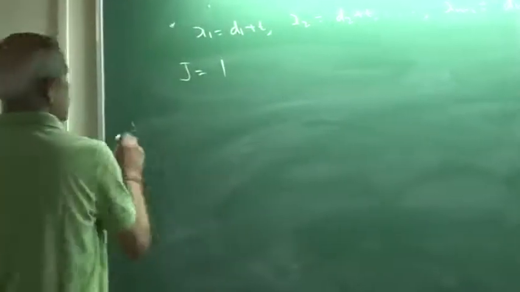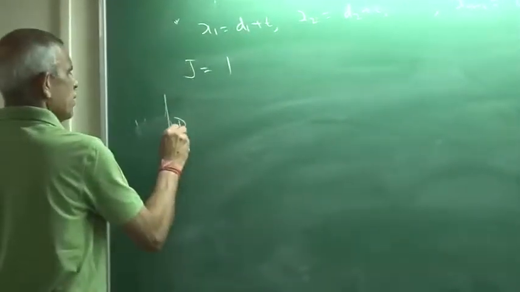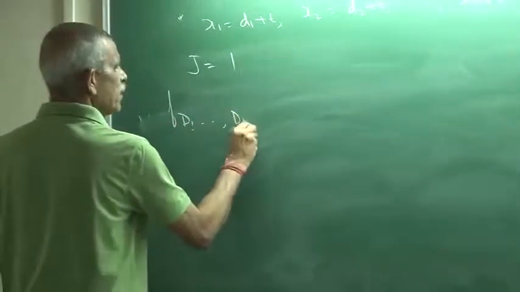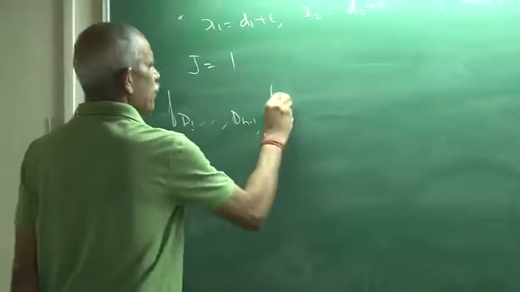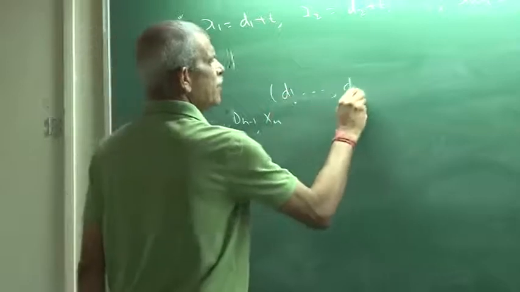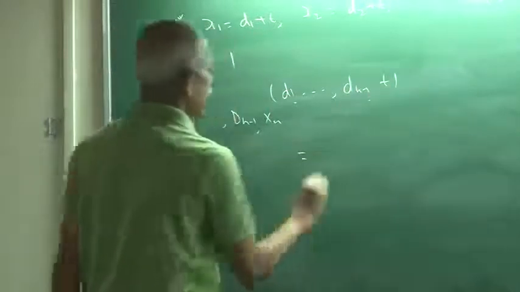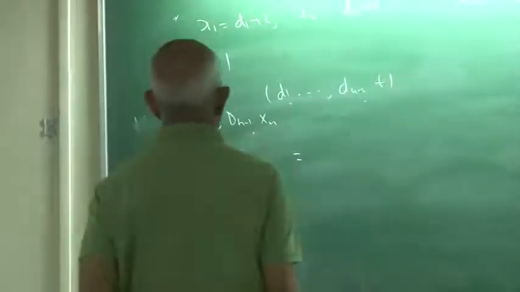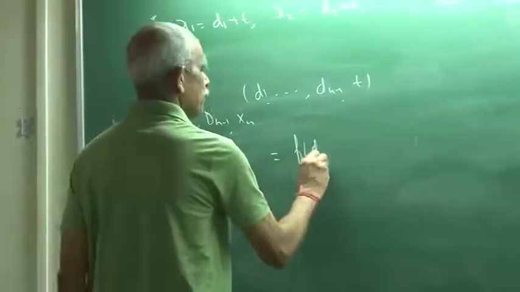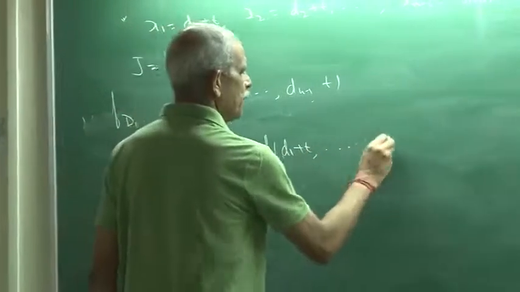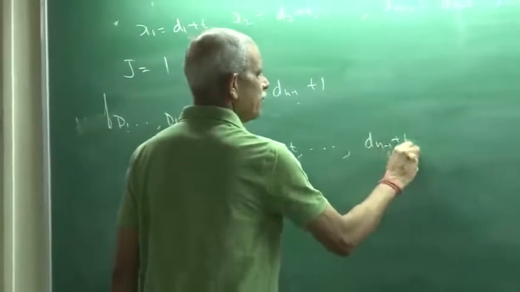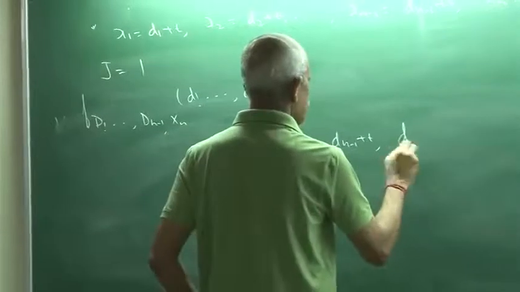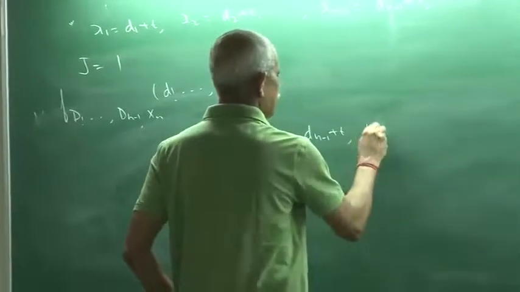So what is the joint PDF of d1, d2, ..., dn minus 1, xn at the point d1, d2, ..., dn minus 1 and t? The Jacobian is 1. I have to just make the transformation of x1 as d1 plus t, ..., dn minus 1 plus t, and t.